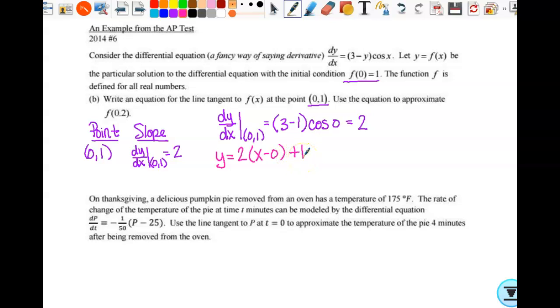So when I want to approximate f of 0.2, that's going to mean that f of 0.2 is about 2 times 0.2 plus 1. What's 2 times 0.2? 0.4, so that's 1.4. What questions we got? We good? Any questions? All right, perfect.